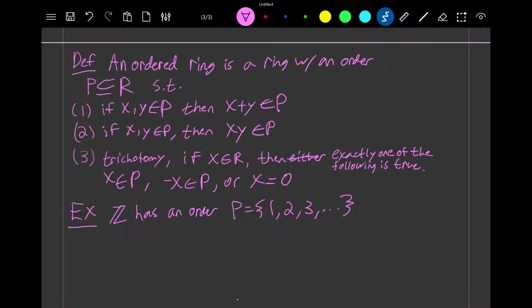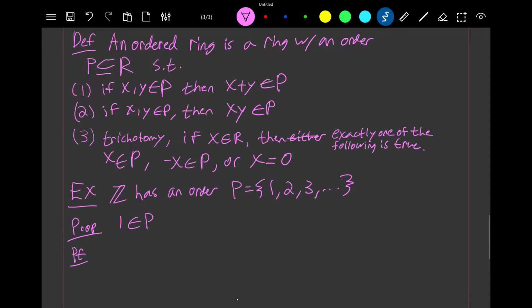So what are some basic properties of the positive integers? 1 is always in P. So if we have an ordered ring, 1 is always positive. How can we prove this?